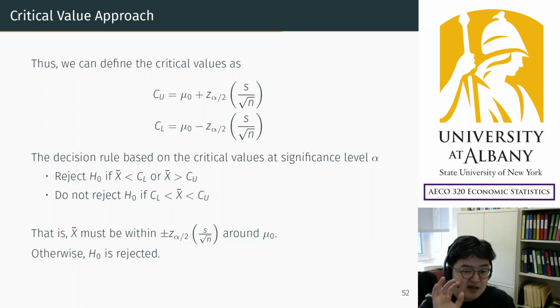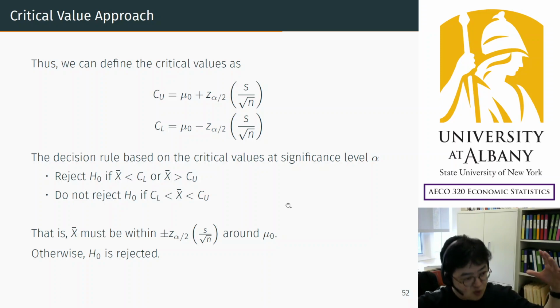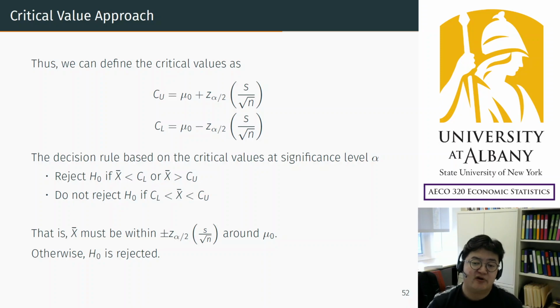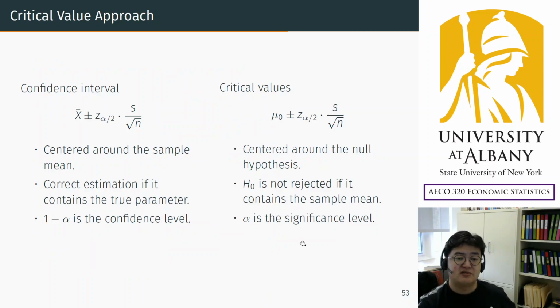You don't need to do anything to the sample average; it remains the same, but its comparison counterpart is manipulated into the critical value. In other words, if your sample average is within this much distance, then your belief is okay. If your belief is within the neighborhood of the sample average, you are good. That is the idea.